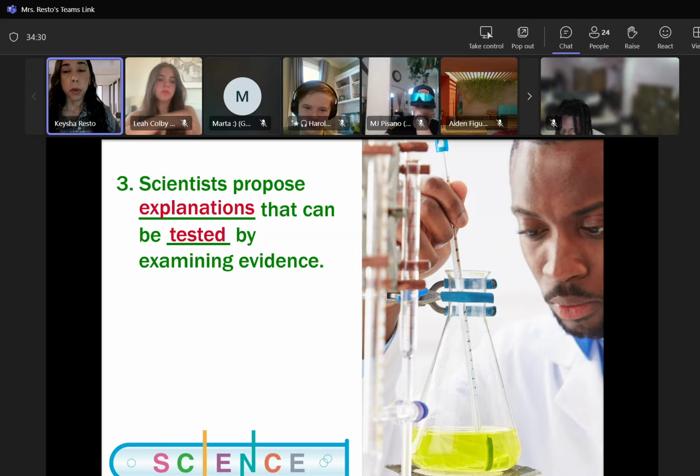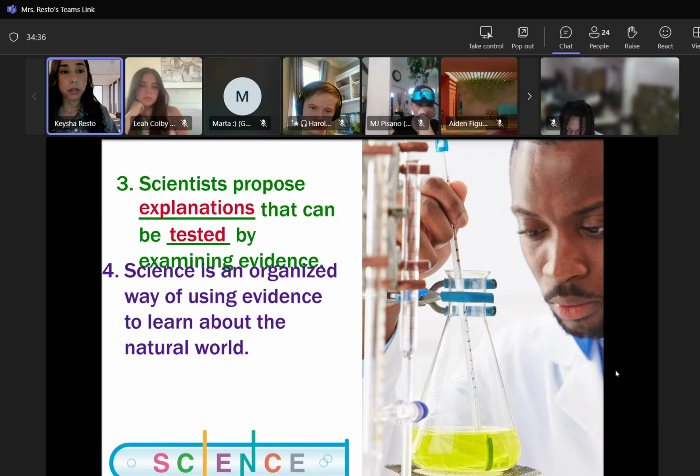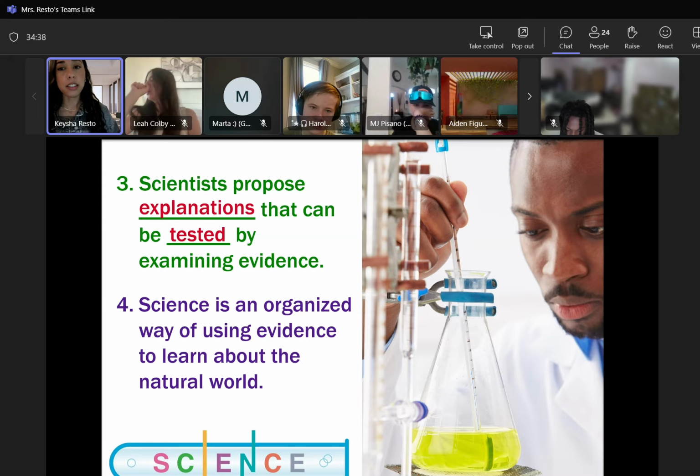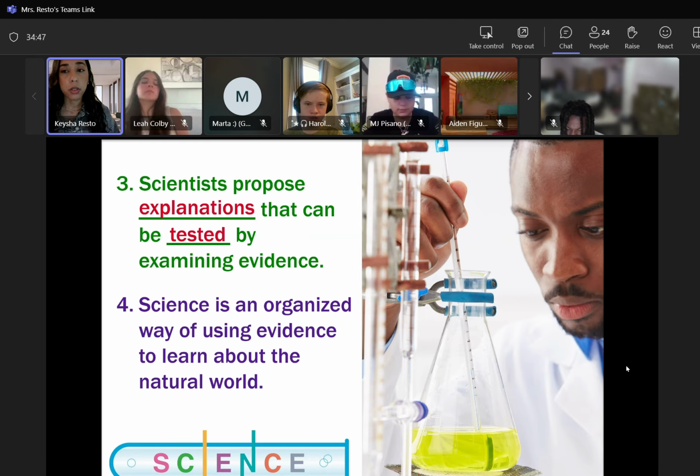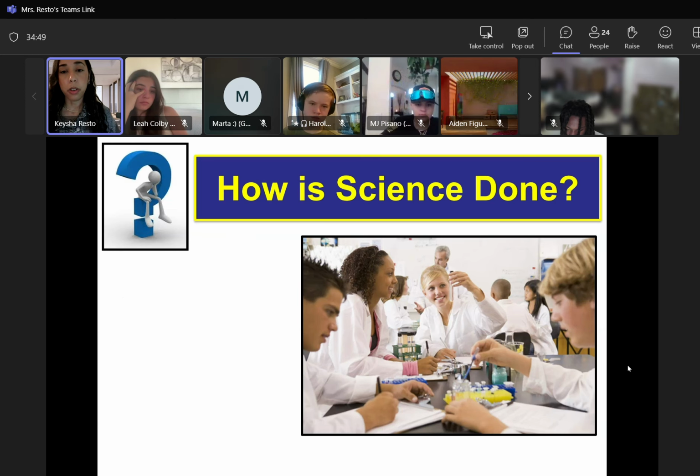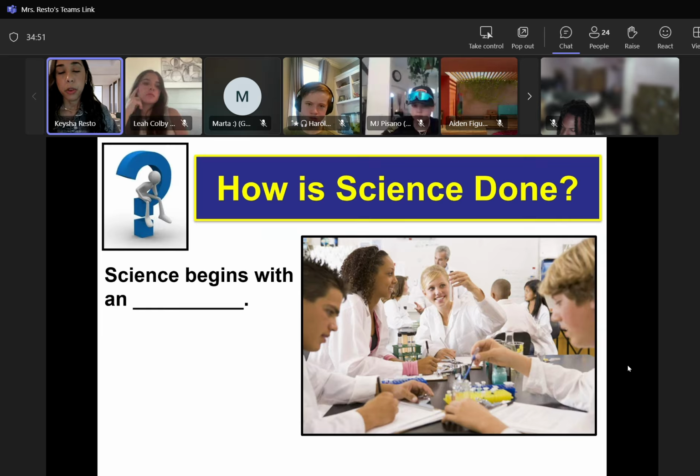You're going to propose an explanation that can be tested through your experimental design. And it's organized. That's why you're doing a series of steps for your procedure. It's an organized way of testing it, and you're going to use that evidence to learn about the world. So whatever you test, as long as it is the natural world, your experiment will be good.